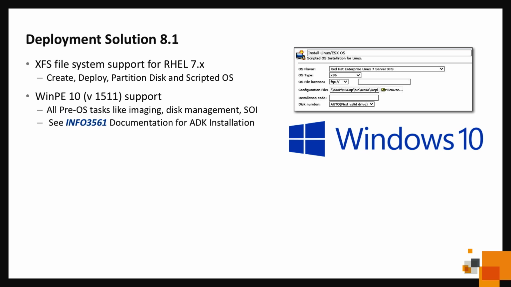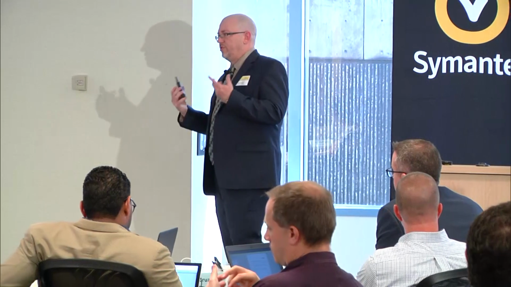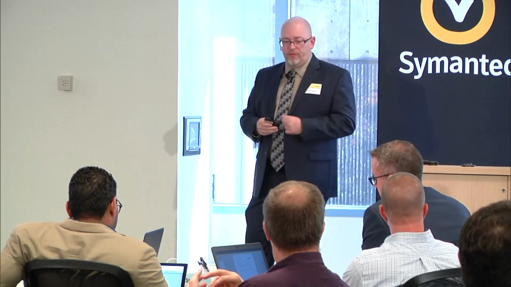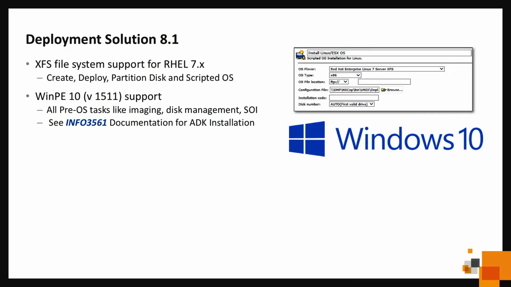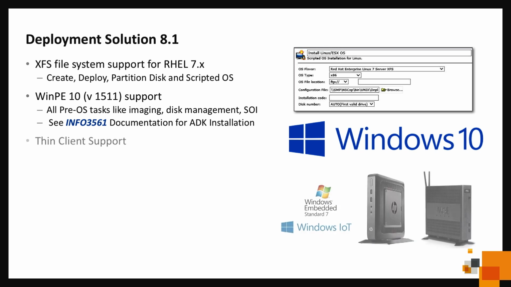And again, this works with all of the standard options you would use with PE, of course: pre-OS stuff like imaging, disk partitioning, disk management. This is an info document, info 3561, for the ASDK installation. That will give you the instructions to get the wake into the system, because we don't provide that out of the box, remember.